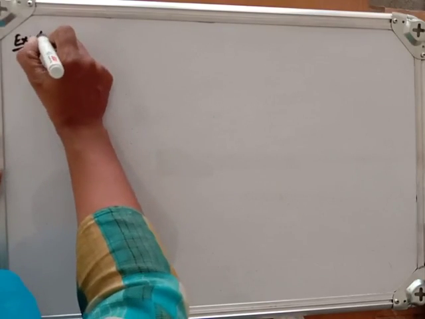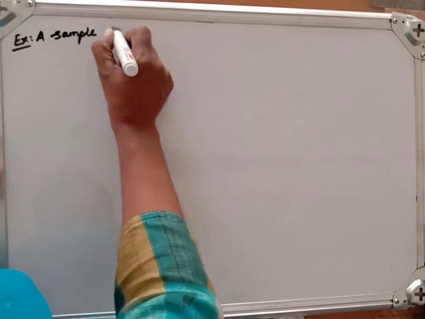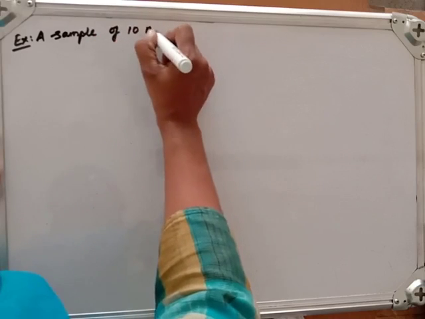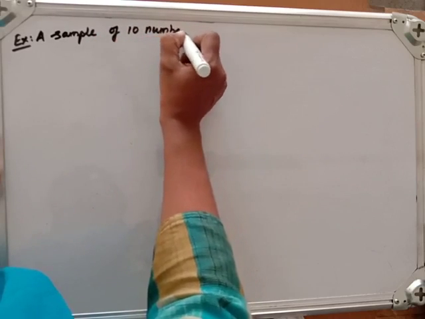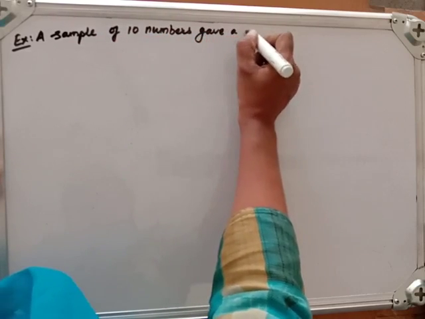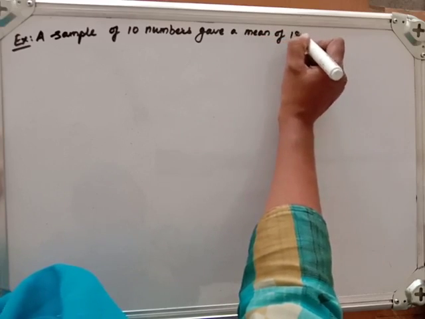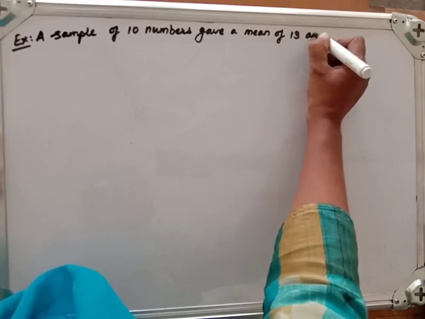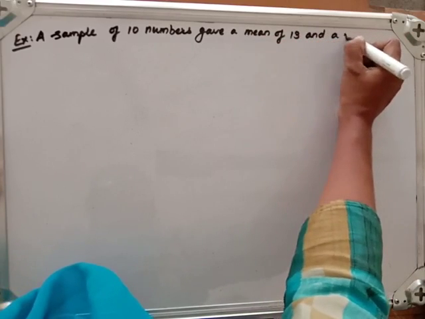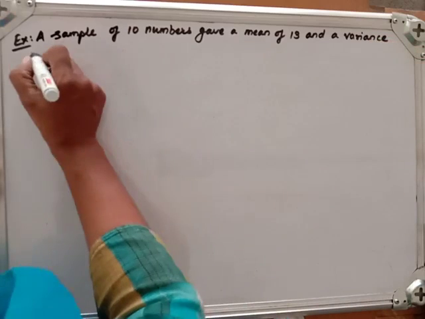So, a sample of 10 numbers gave a mean of 13 and a variance of 4.